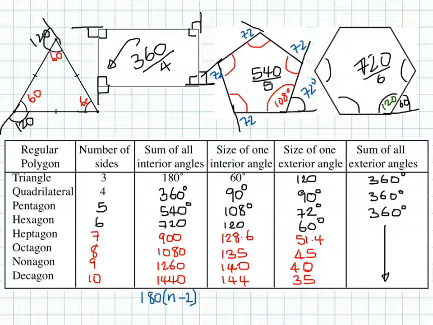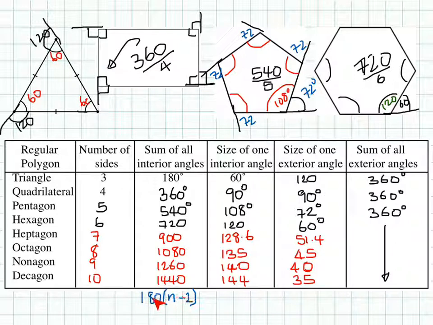Now, let's just say I want to work out one interior angle of that shape. Well, I already know that all of the angles added together is governed by this formula. We got our answer here by dividing by the number of sides the shape had. So, for example, let's go all the way back to the top. 360 divided by 4 gave us 90. 540 divided by 5 gave us 108. 720 divided by 6 gave us 120.